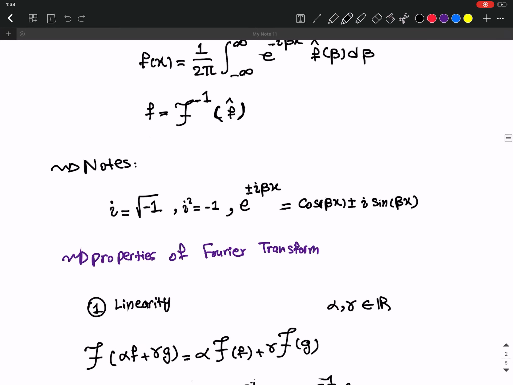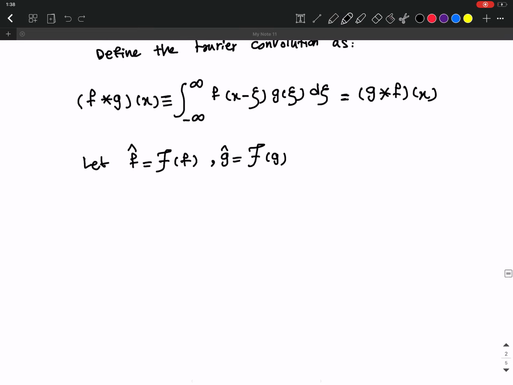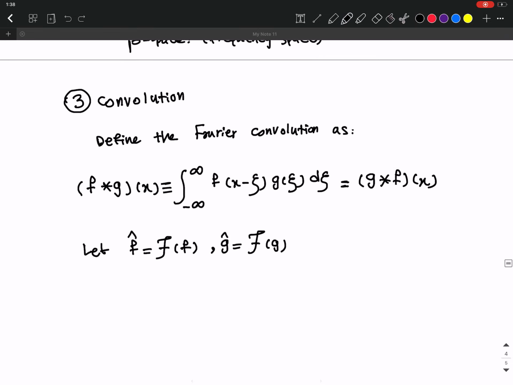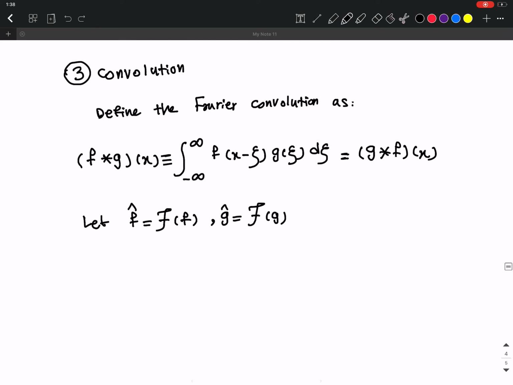Okay, so let's have these Fourier transforms, and now I want to calculate the inverse Fourier of f hat times g hat.